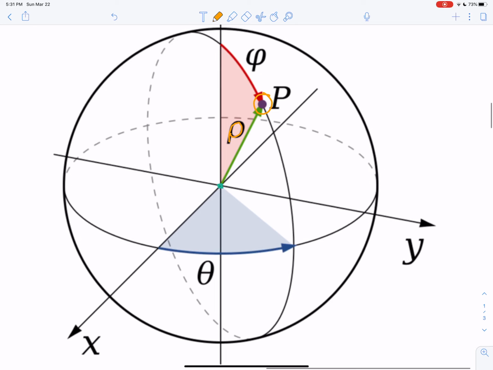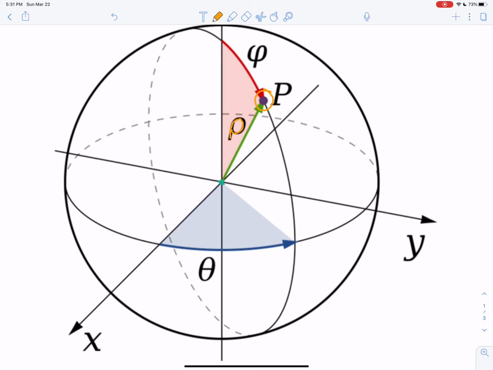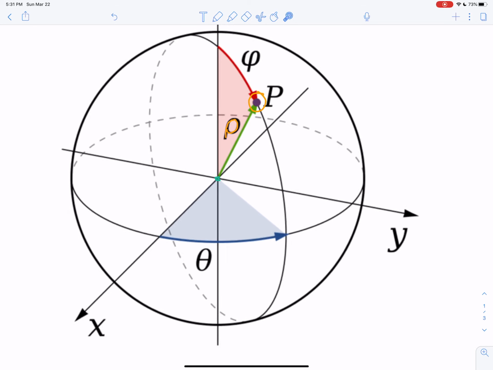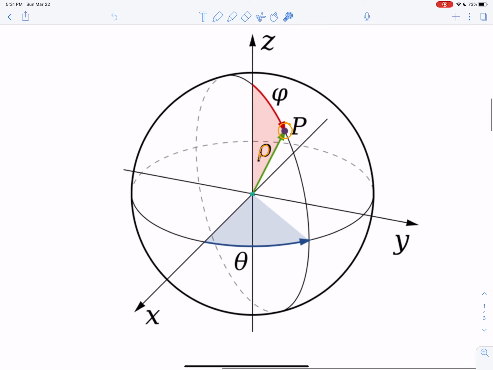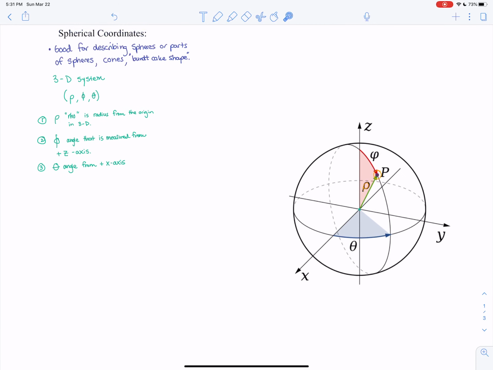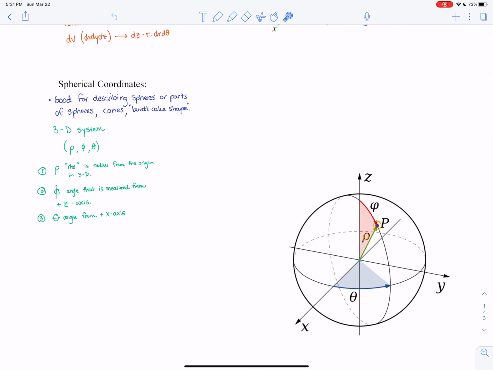So the combination of a length and an angle from the positive x-axis and an angle from the positive z-axis. And so those three together are able to span all of R3 and get any point in space. But they're especially nice for, like I said, describing spheres, parts of spheres, cones, and that specific bundt cake shape that we'll look at here in a second.